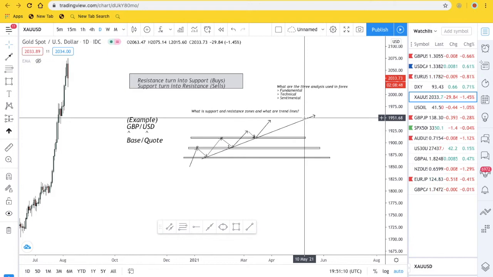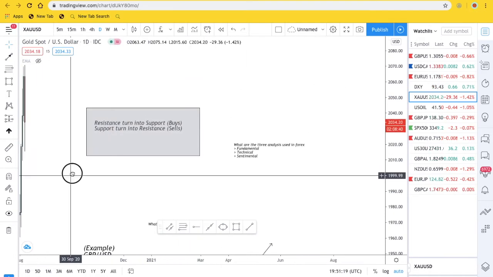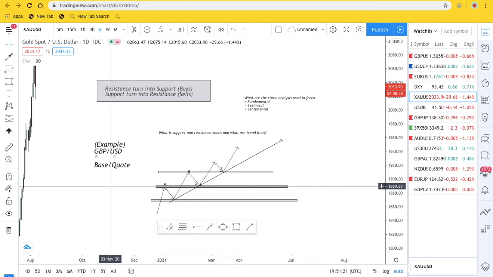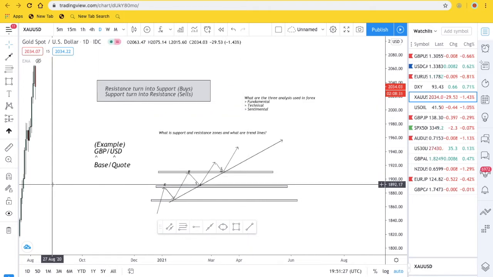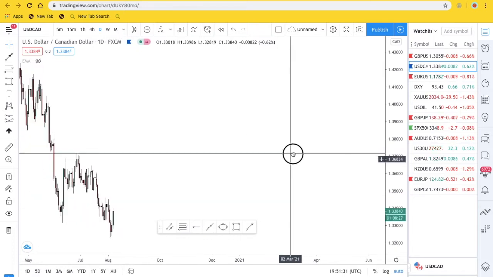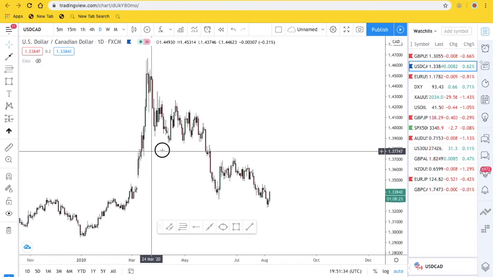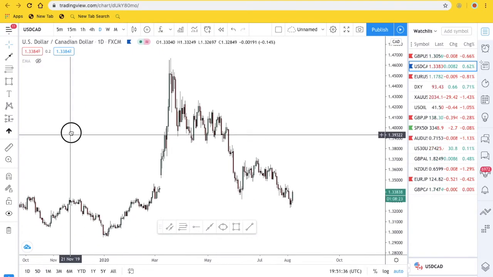So, for instance, Donald Trump will say, "Wow, the U.S. dollar is doing greater than ever." Now investors around the world are going to buy the dollar. So imagine the dollar being the base currency. For instance, let's go to USD CAD. Do you see this right here?